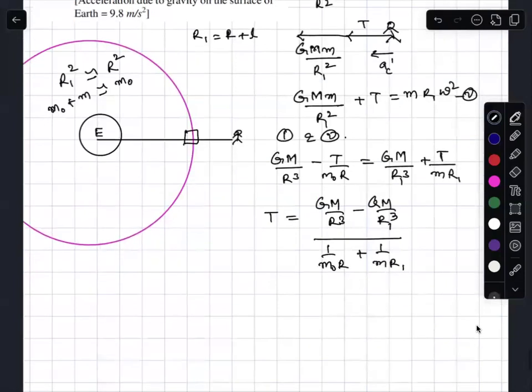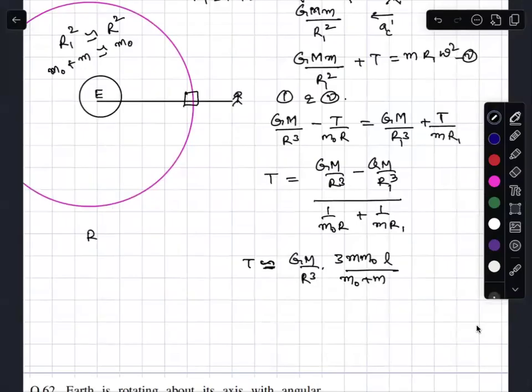So by proper substitutions, you will get T nearly equal to G M by R cube times 3 m M naught L by M naught plus m.